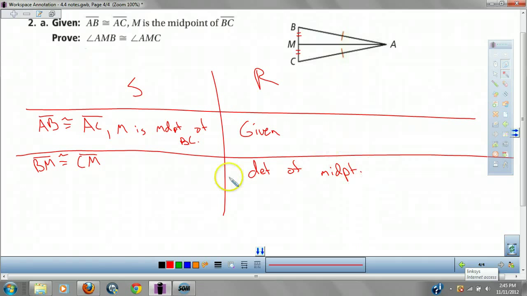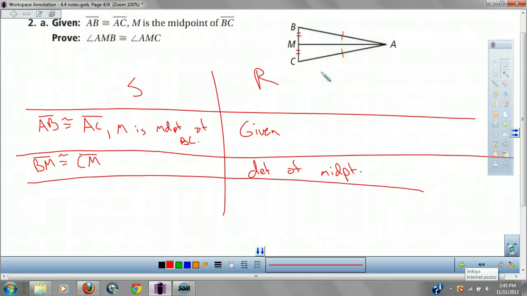So now I have two sides. I need to get an angle somewhere or the third side. Luckily they share this side. So I can say AM is congruent to MA by the reflexive property. Again, reflexive is going to come up a lot.